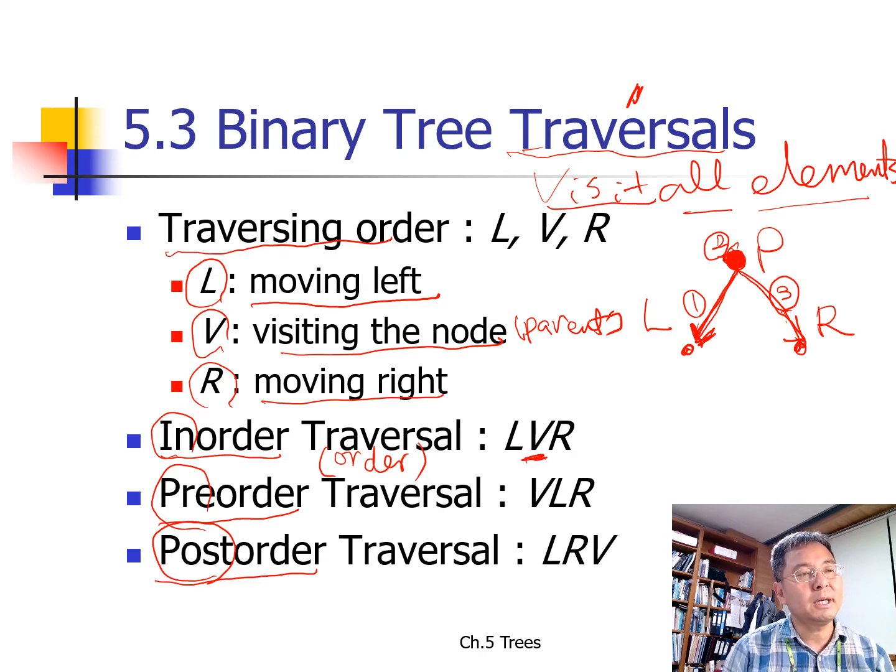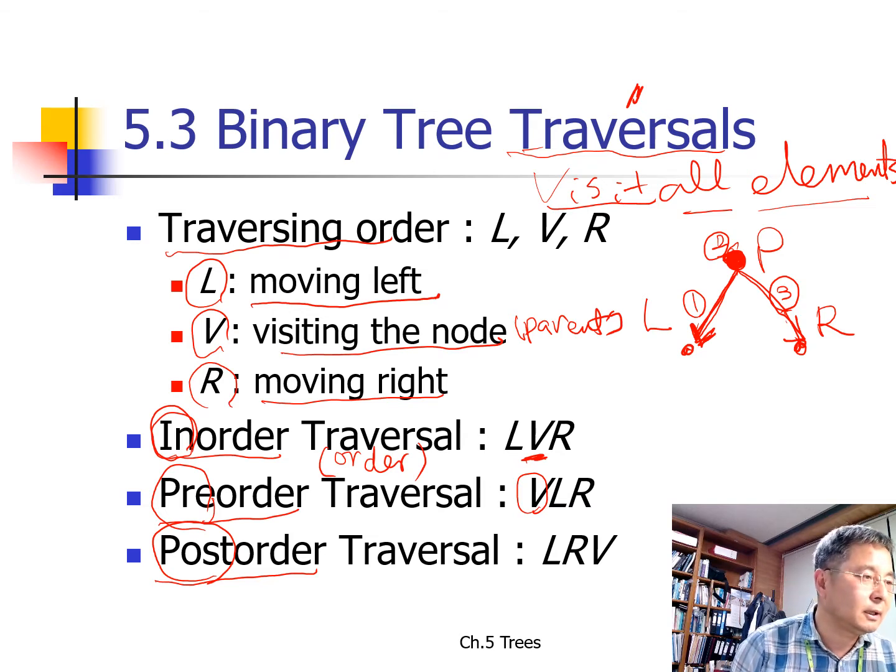So if V is located between L and R, it is called in-order traversal. If V goes first, then it is pre-order. So the name of the traversal order is determined by the location of V. V in between, then it is in-order.